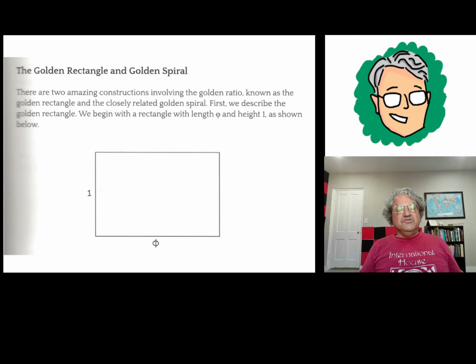A lot of people say this is the most aesthetically pleasing aspect ratio of a rectangle. Nowadays, most TV screens are about this aspect ratio. In the old days, they were more like 1.3 to 1, and I don't think they looked as good. Movies have always had an aspect ratio close to the golden ratio.